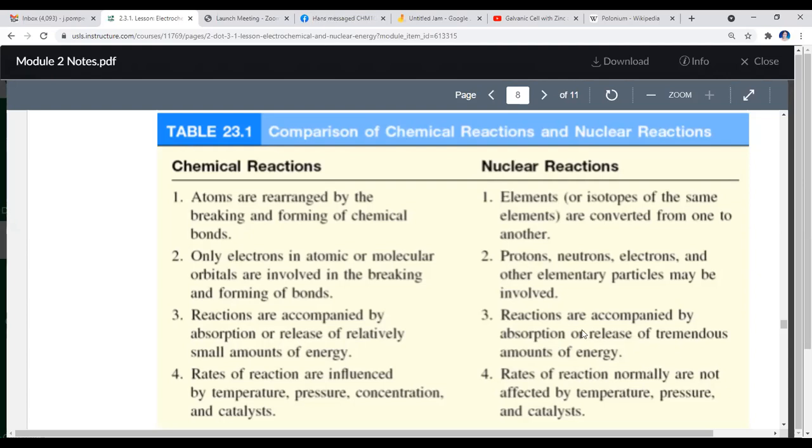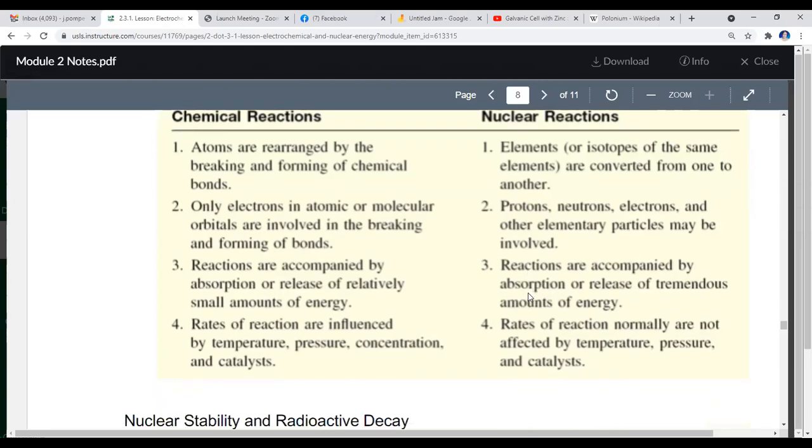It produced a tremendous amount of energy, a value a lot greater than the normal energy released or needed for ordinary chemical reactions. Okay? Rates of reactions in nuclear reactions are normally not affected by temperature, pressure, and catalyst. So we do not consider temperature, pressure, and catalyst when we speak of nuclear reactions.